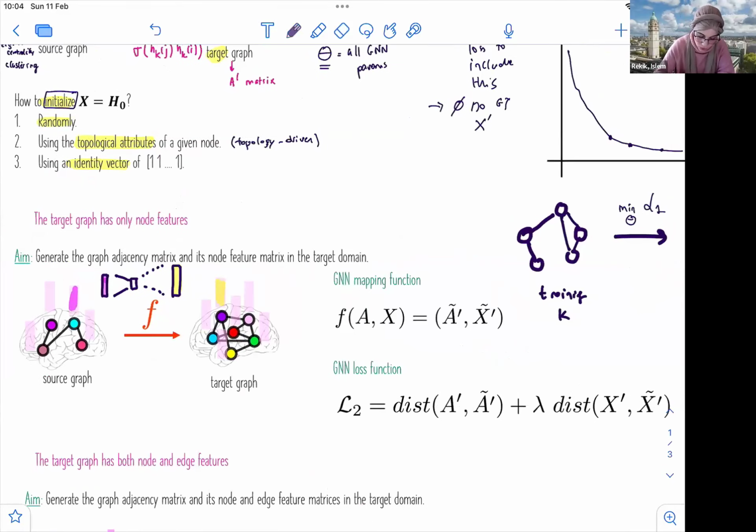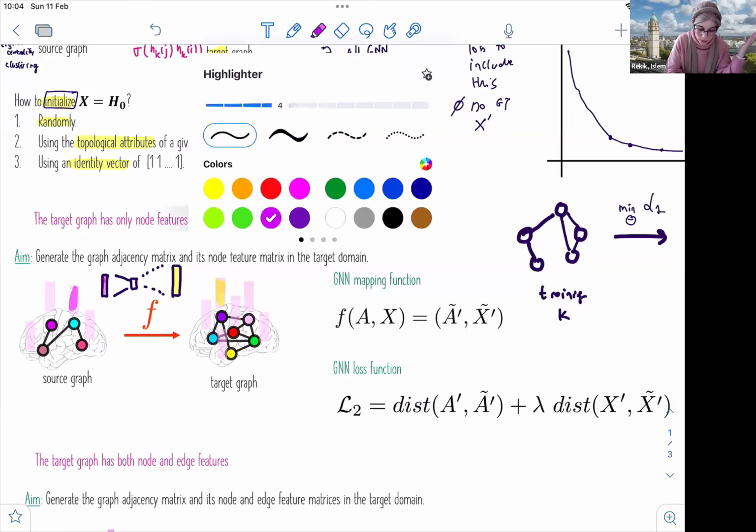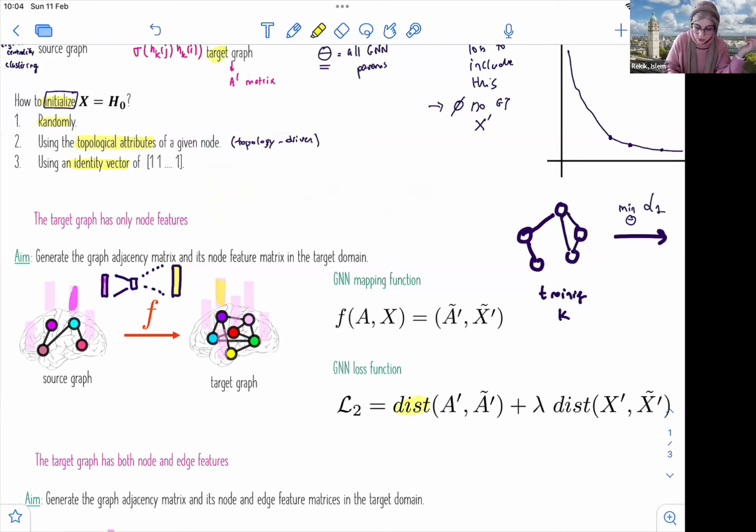So we need to optimize over two things, right? So we have the input, we need to somehow calculate a distance. This distance could be any kind of function that we're using, right? It could be L2 norm. It could be L1 norm if we want to impose sparsity, so we want our matrices to be sparse.